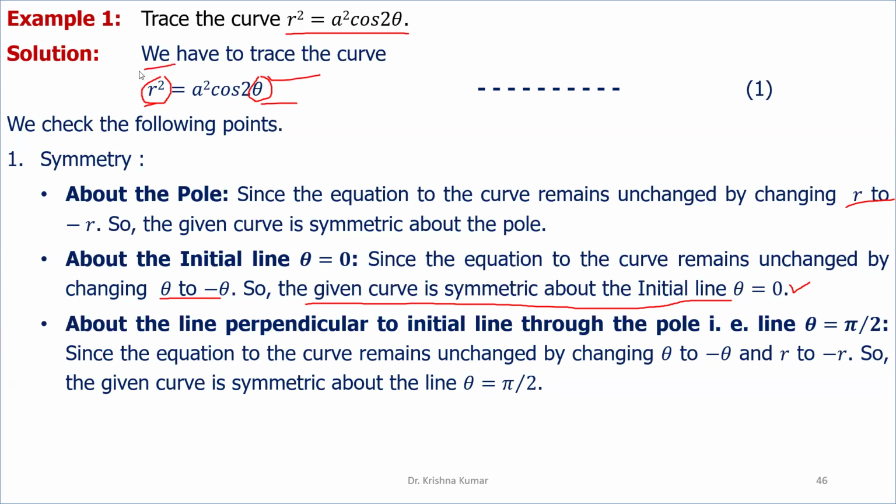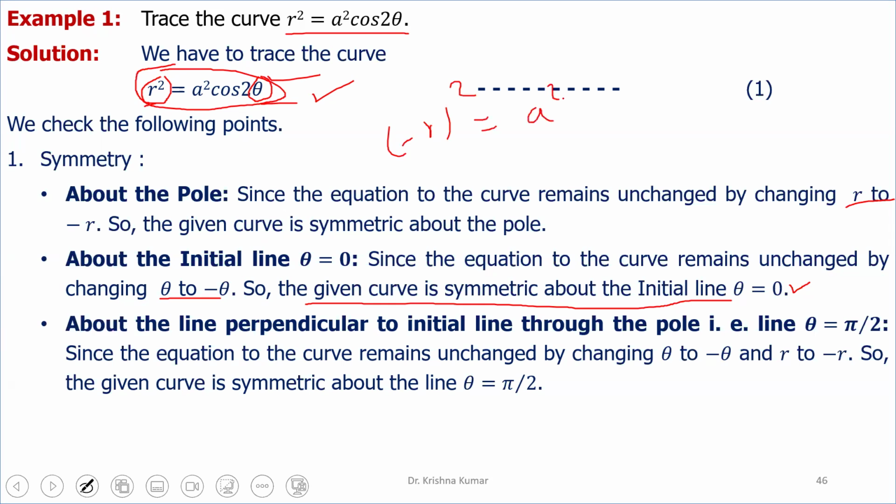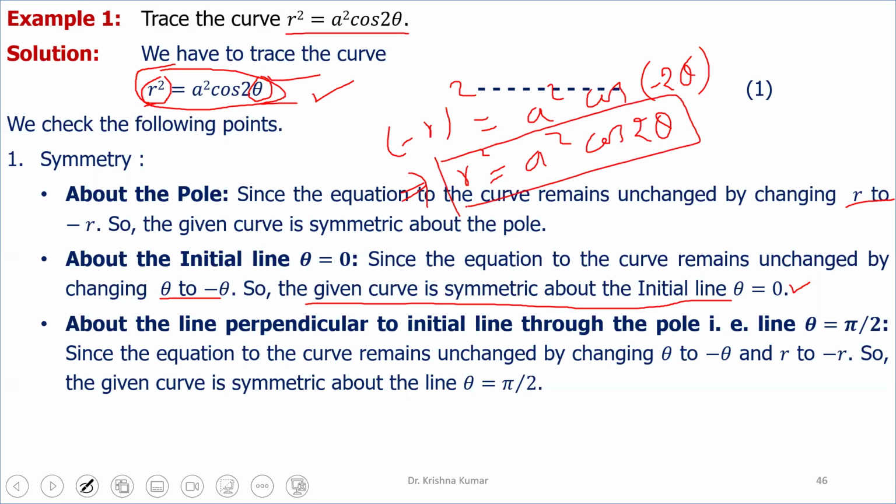If we do these two things in the given curve, the equation of the curve will not change. If we replace r by minus r, so minus r square equal to a square cos of minus 2 theta. So minus r square is r square, and cos of minus 2 theta is cos 2 theta. So we are getting the same equation. So the curve is symmetric about the line theta equal to pi by 2. So this curve is symmetric about all three symmetries.